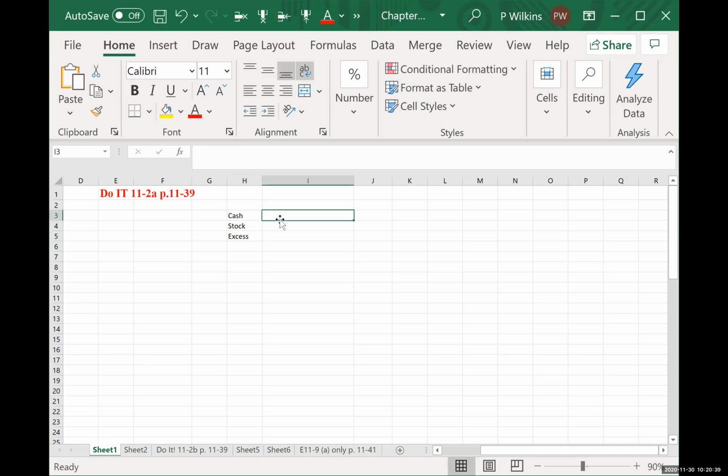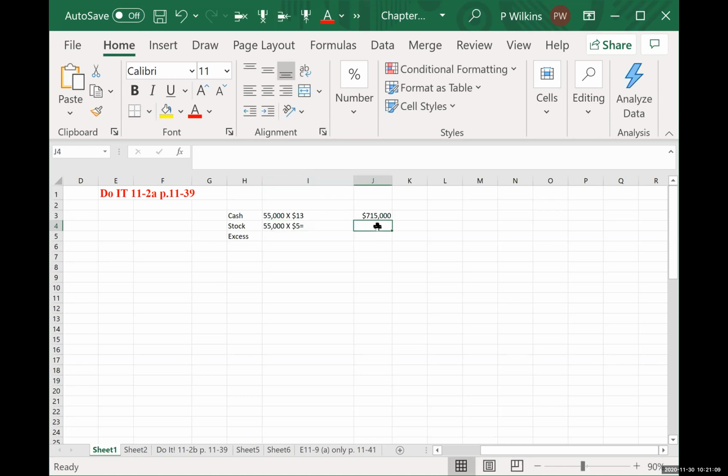So our cash number is going to be 55,000 shares times $13 per share. So that's $715,000, okay? Our stock number is going to be the number of shares, 55,000, times either the stated value or the par value. And in this case, they said it was a par value of $5 per share.